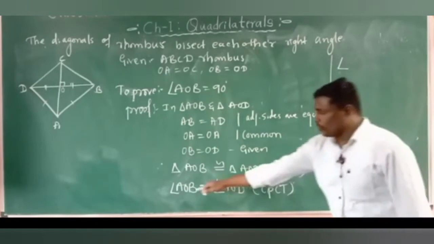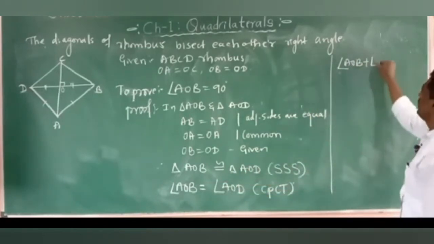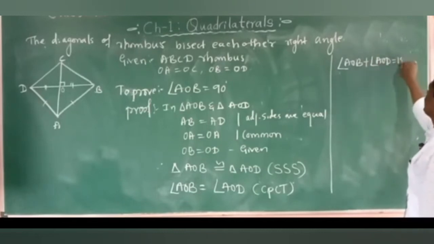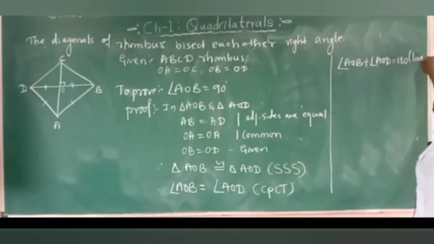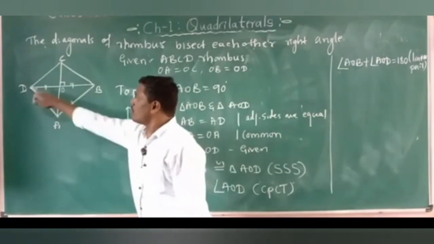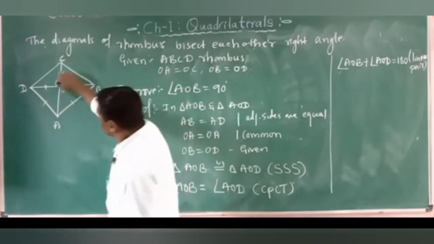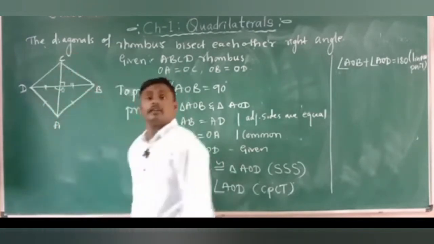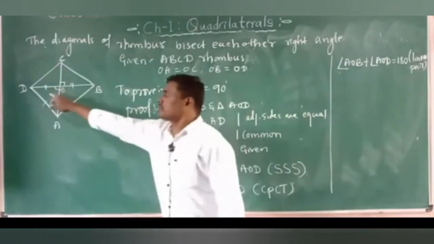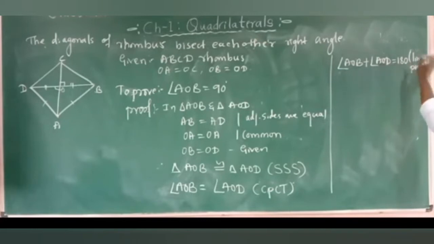The same two angles, angle AOB plus angle AOD, equal 180 degrees. Reason: these two angles form a linear pair. Just observe these two angles, they are adjacent angles, and by adding them we get a supplementary angle. The sum of these two angles is equal to 180 degrees.